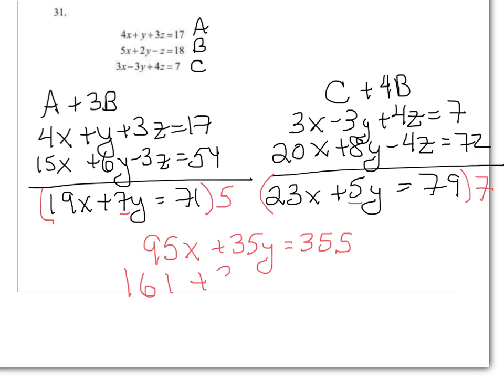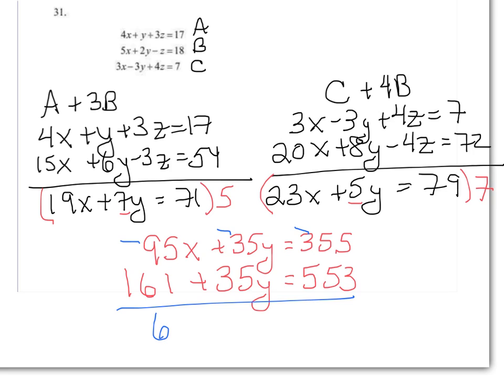I purposely did not pick which one I wanted to be negative yet, because now that I see these values, what I'm going to do is make this top equation all negative so that when I subtract, my answers are going to be positive values.